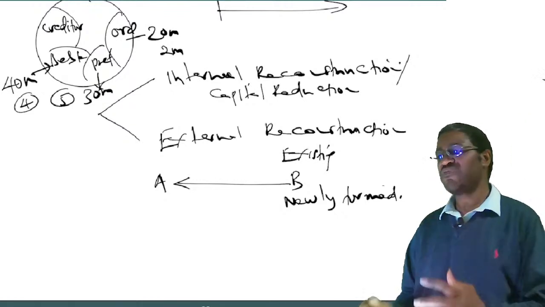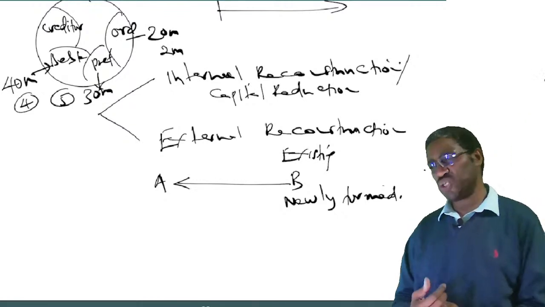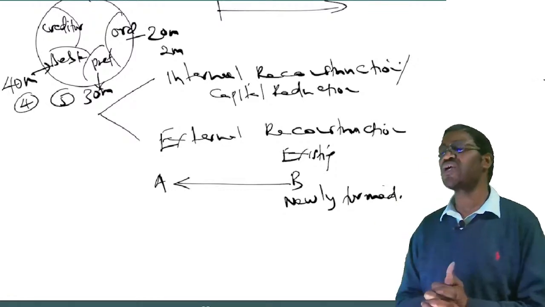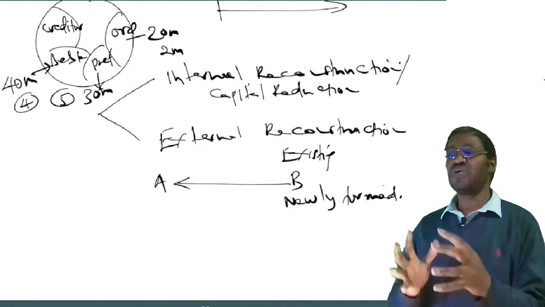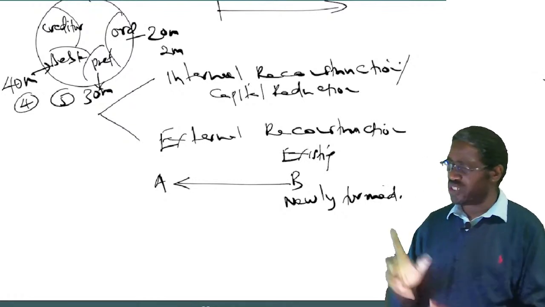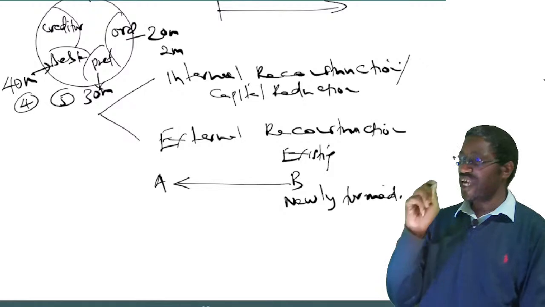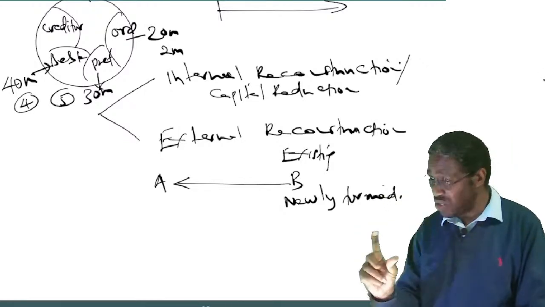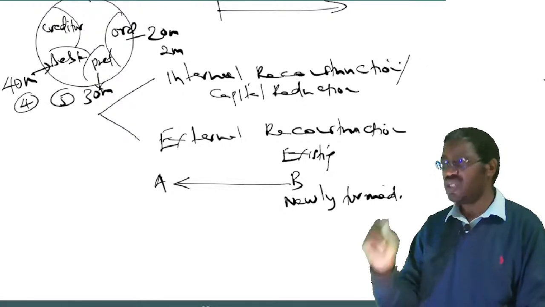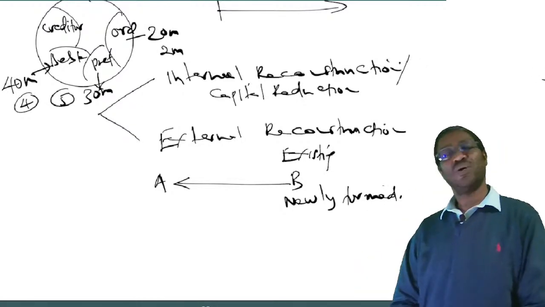So effectively, those are the two approaches that a company can reconstruct themselves. You can reconstruct yourself through internal reconstruction, where the major aim is to reduce the capital of the company.